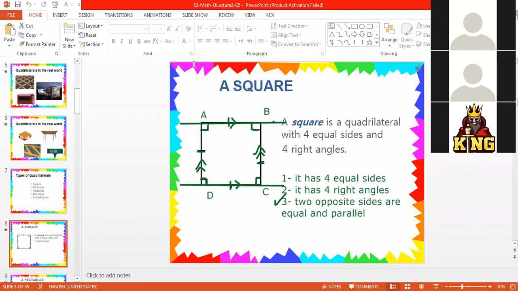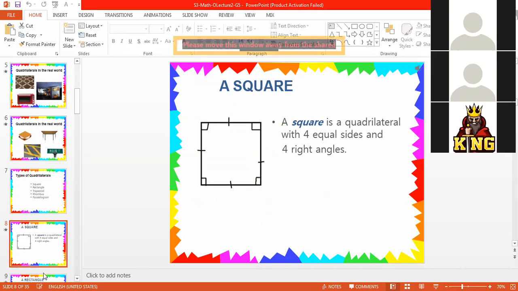So it's A, B, C, D. We say that this is square ABCD. Four letters beside each other. Is it clear for everyone? Okay. Just one more thing before I continue.